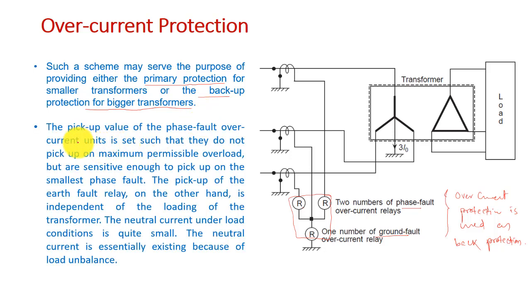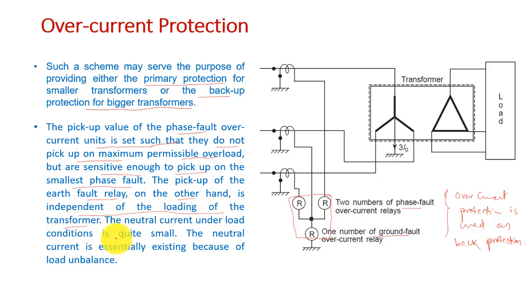The pickup value of the phase fault overcurrent units is set such that they do not pick up on maximum permissible overload, but are sensitive enough to pick up on the smallest phase faults. The pickup of the earth fault relay, on the other hand, is independent of the loading of the transformer.